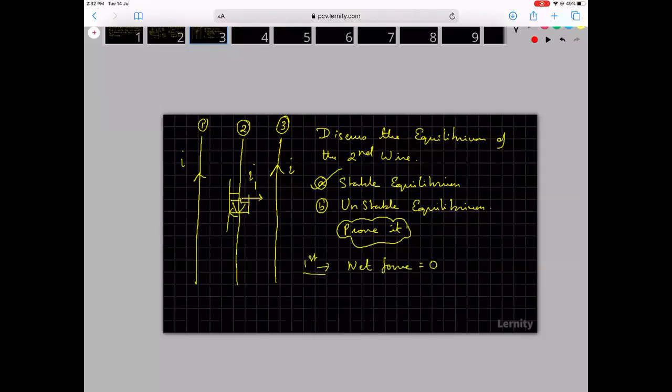Now, a body on which the net force is 0 is in stable equilibrium if, on slight disturbance, the body goes back to the equilibrium position.